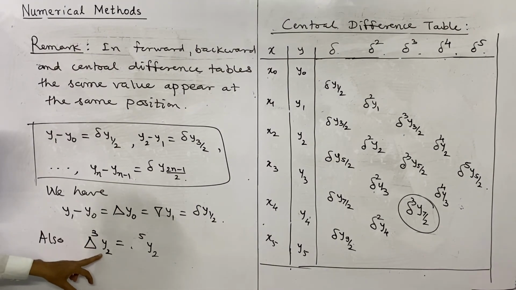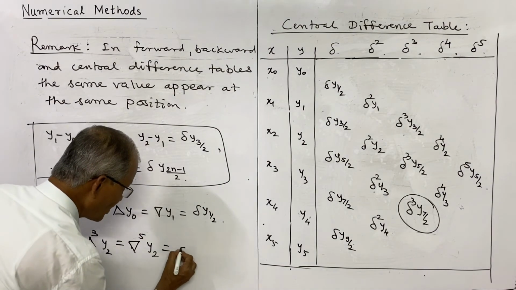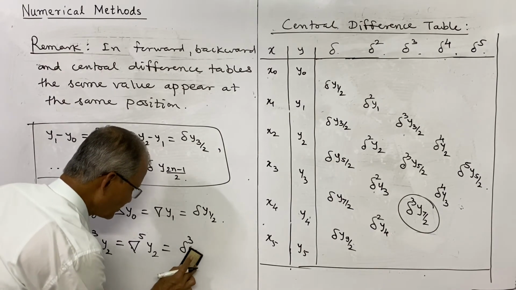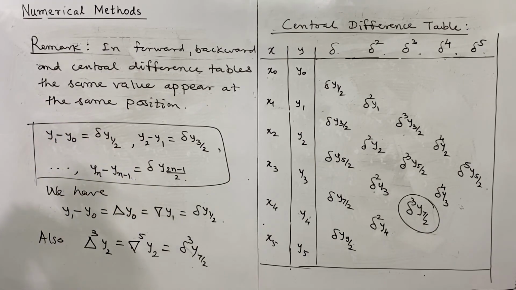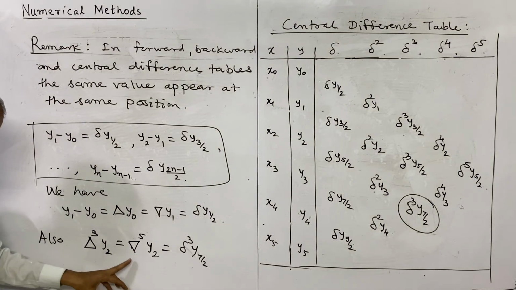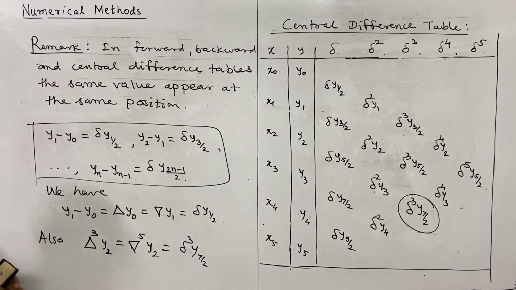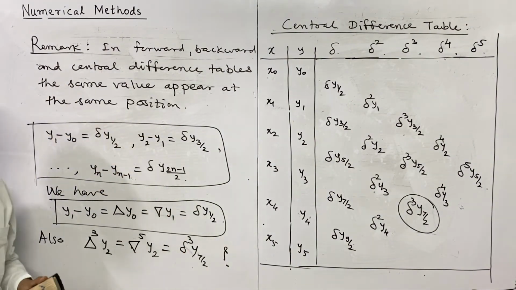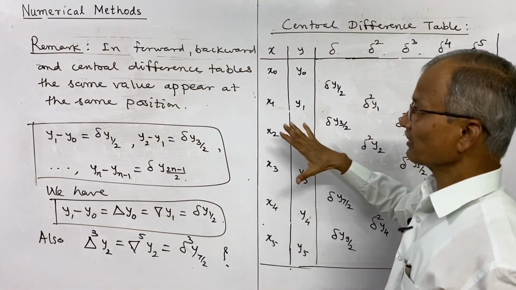So that is delta cube y2, which is del fifth of y2, and this is equal to delta cube of 7 by 2. You should check this value, verify whether it is the same or not. So this value, third value, we have written earlier also, and please check this. So thus we have studied here the forward difference table, backward difference table and central difference table.